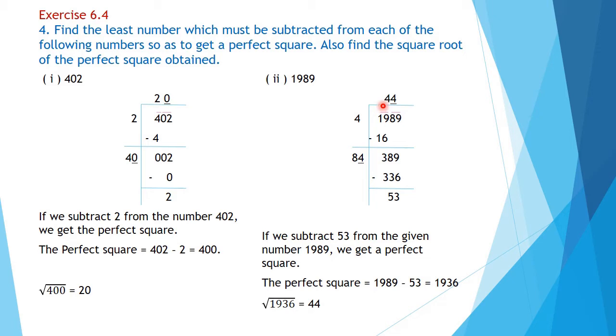Now the quotient digit we have got is 4, its double, 4 2s are 8. We write the double of 4, so 8. On the left side we have to write one digit. This same digit we will have on the right side here. So what can be the digit here?